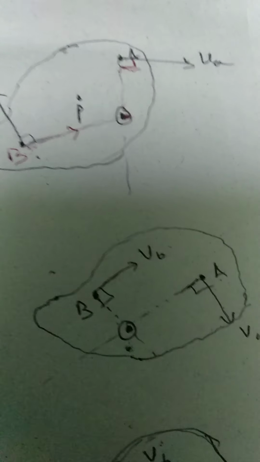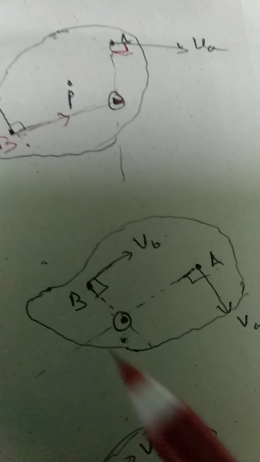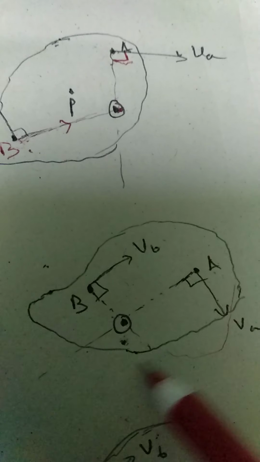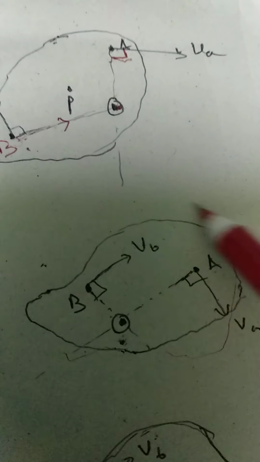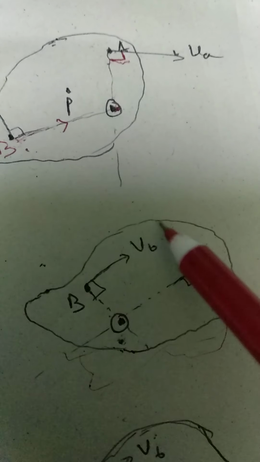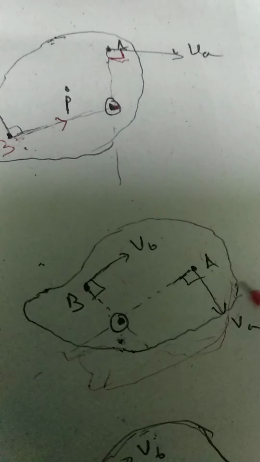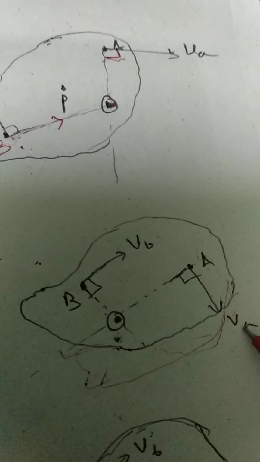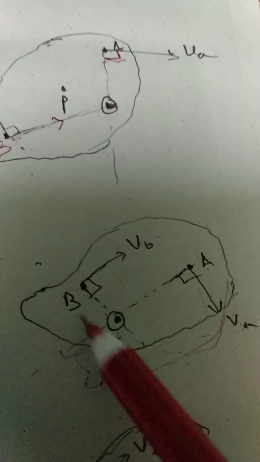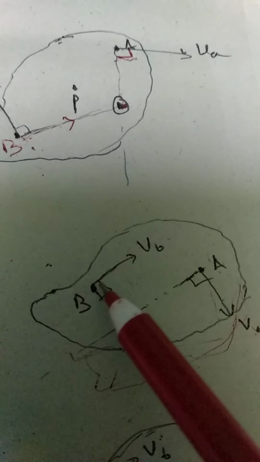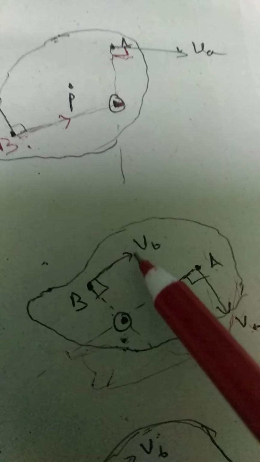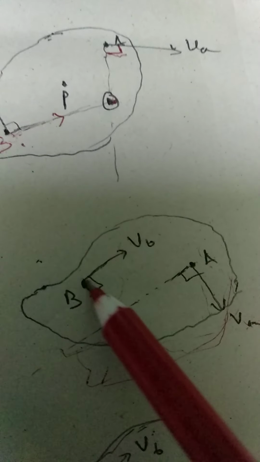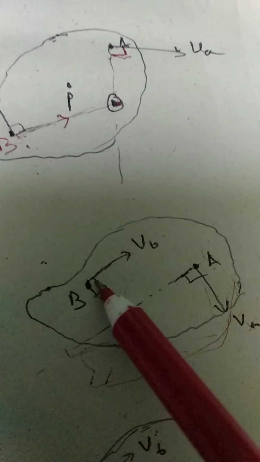Now consider the body at another instant, after it moves from this instant. At another instant, this point A will have a velocity in this direction, VA, and the point B will move here and it will have a velocity in this direction.